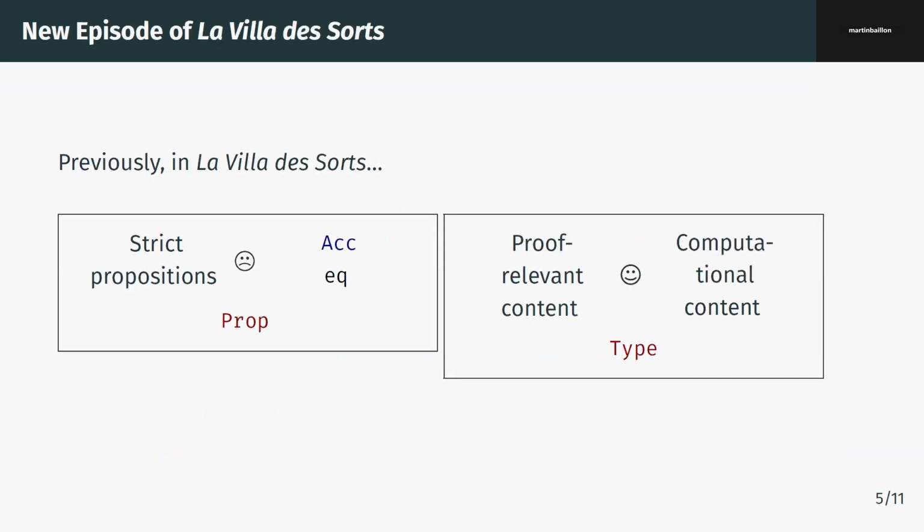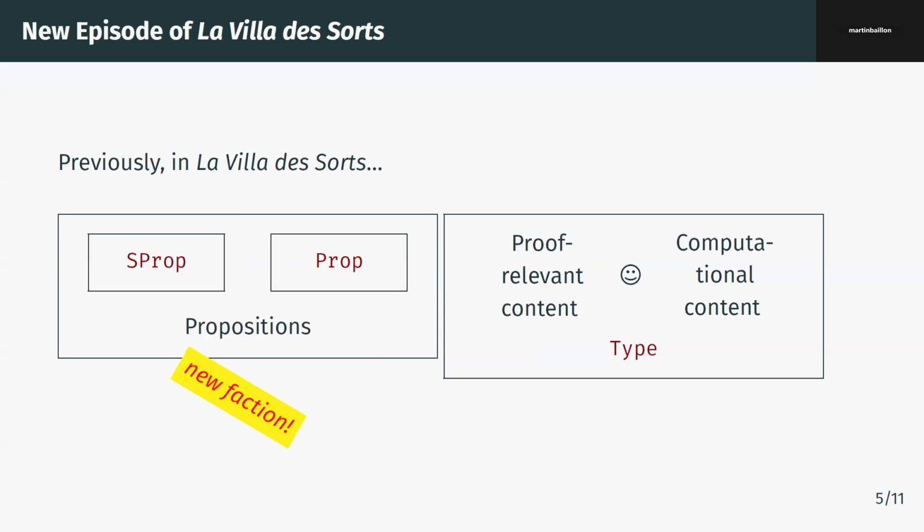So what happens is that previously in Rocq, we had this kind of cohabitation. We had two sorts, the Prop sort and the Type sort. In the Prop sort we had strict propositions and non-strict propositions like accessibility or equality. And we broke up this Prop universe into two sorts, the sort of strict propositions and the sort of propositions.